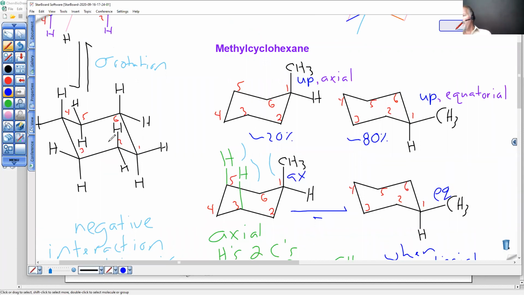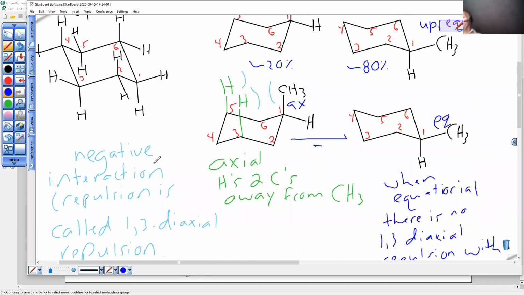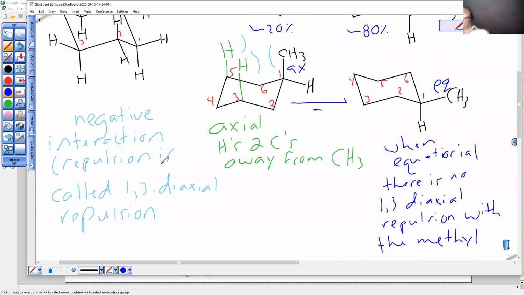There's a diaxial repulsion between these two H's. There's a diaxial repulsion between this straight down and this straight down, and this straight down and this straight down. So don't tell me there's no diaxial repulsion. But it's worse to have a larger group with diaxial repulsion than H's. I hope that makes sense.